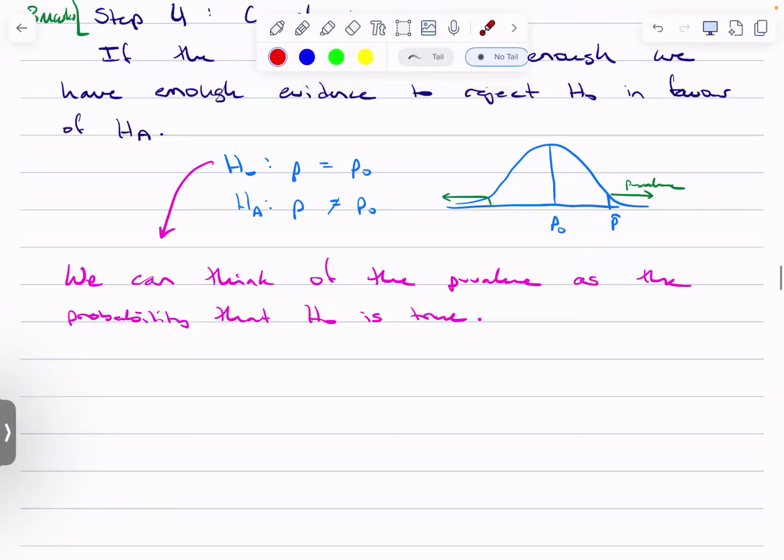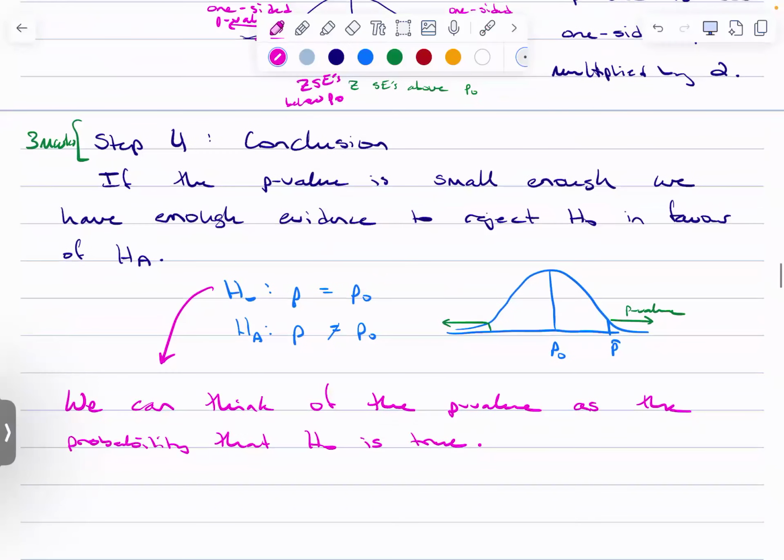And so the threshold that we use is called the alpha level, or significance level.